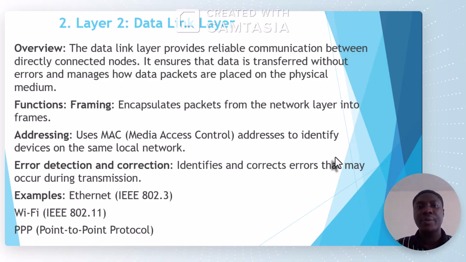Functions: framing encapsulates packets from the network layer into frames; addressing uses MAC addresses to identify devices on the same local network; and error detection and correction identifies and corrects errors that may occur during transmission. Examples: Ethernet, Wi-Fi, and PPP, point-to-point protocol.